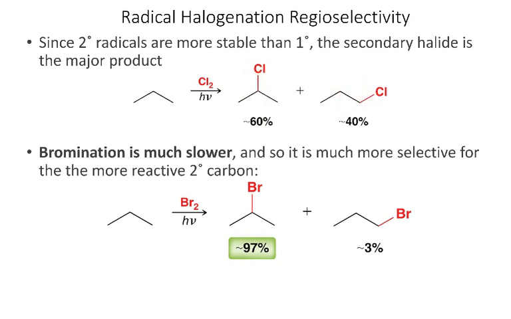Now, bromine is often more useful than chlorine because it's more selective. It's not as reactive. The reaction is a little bit slower, and so in this case we get much more of the more substituted alkyl halide. Because, again, the secondary radical is much more stable than the primary radical. And so bromine is, in some sense, more useful from a synthesis perspective because we're better able to control which product we get.